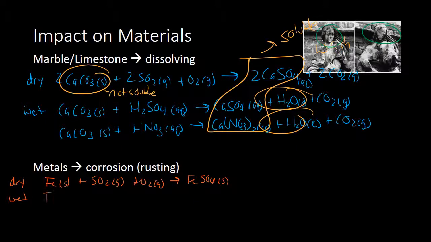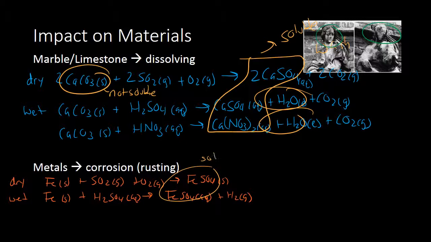You could have wet deposition with sulfuric acid directly, and you're going to create iron sulfate and H2 gas. And again, because it's a sulfate, these are soluble, so they can slowly start being washed away.